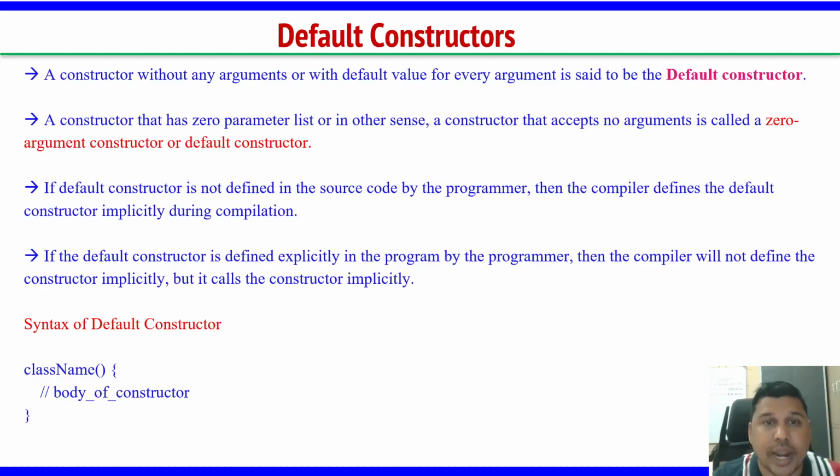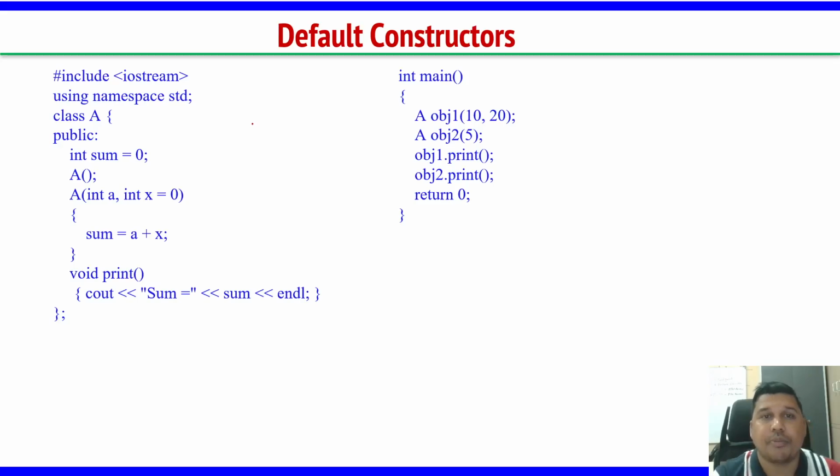Let's see some programs to understand. We will be executing them in the next session and seeing the output, but theoretically we will see each of them now. See here, default constructor example. I have a class A, I have a public variable int sum equal to 0. Here again it's a demonstration, this is your default constructor.